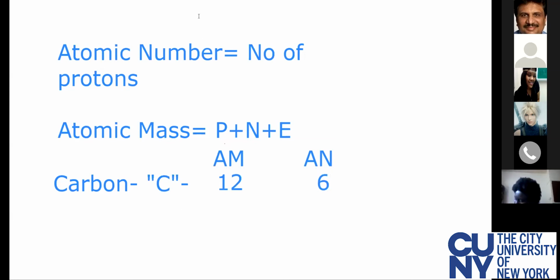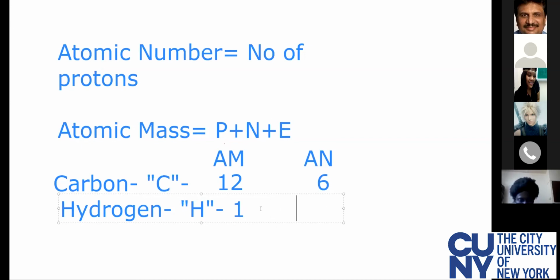Okay. In case of hydrogen, which is represented by the single letter H, the atomic mass is 1 and the atomic number is also 1.